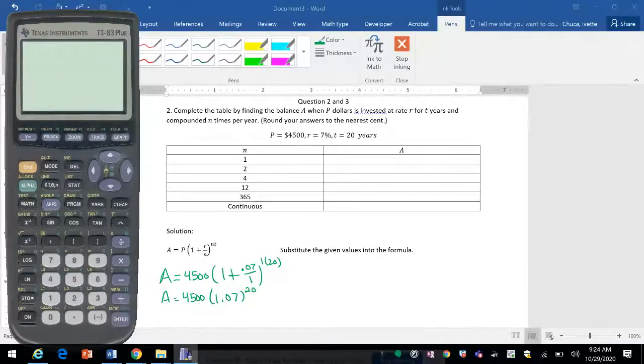First we're going to have 1.07 raised to the power of 20.